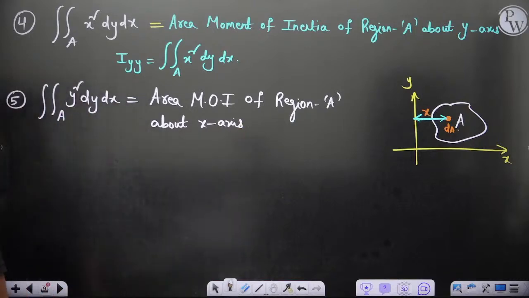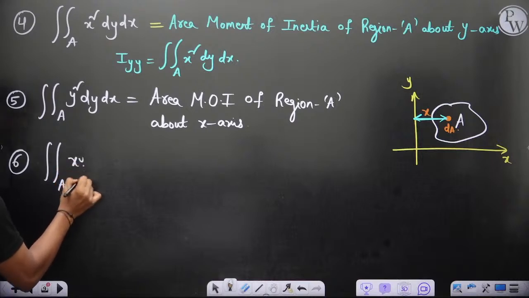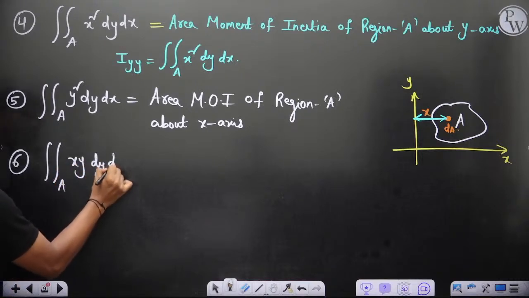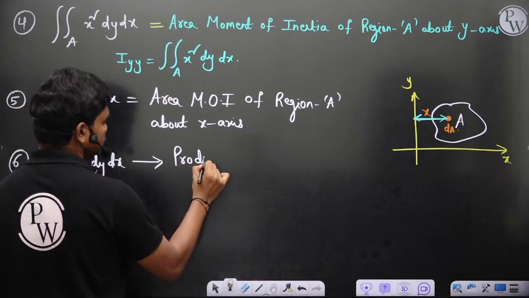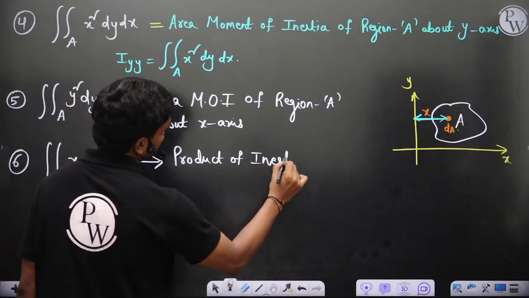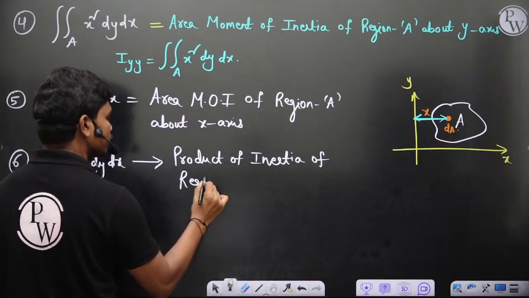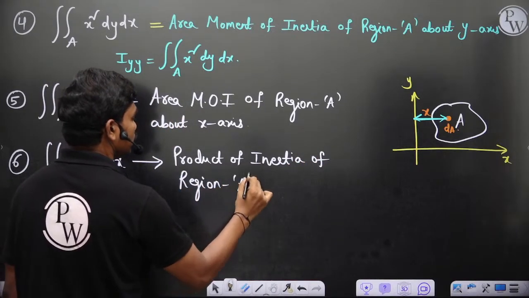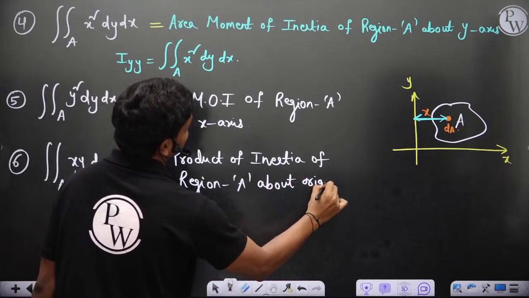Let's see, you still have many things. Integral over A of xy, if the function is xy, gives you the product of inertia of region A about the origin.